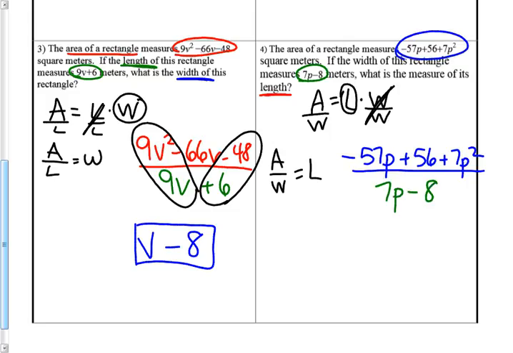All right. So this numerator here is not written in the order that we usually like to see it. Standard form of a quadratic, we talked about this before, typically looks like ax squared plus bx plus c.